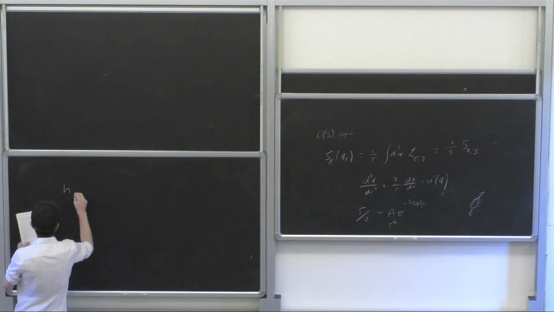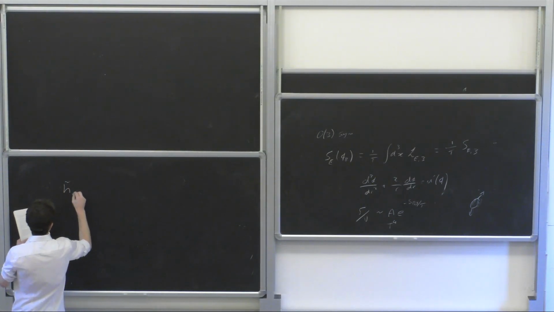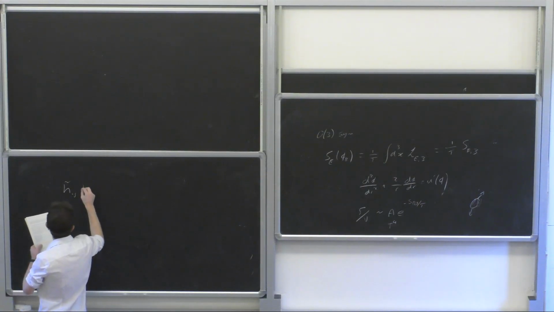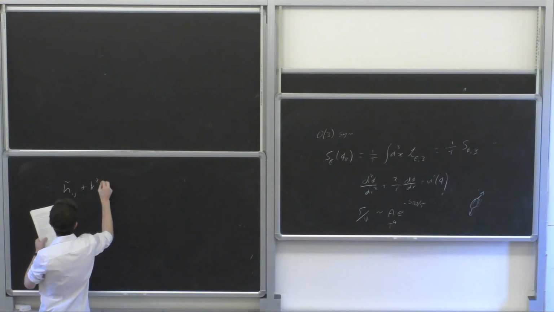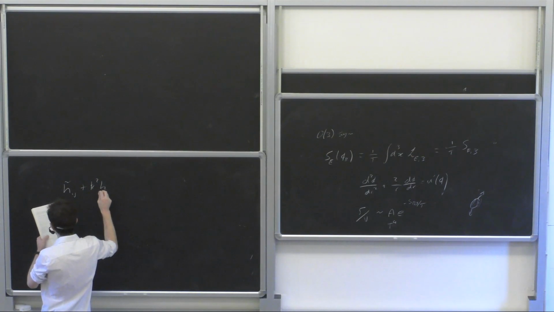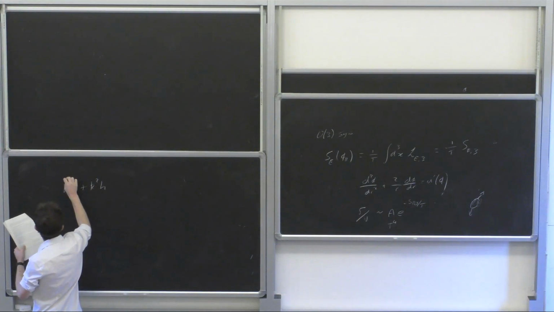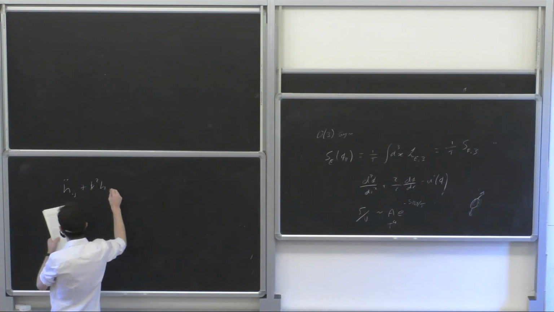Now, you've probably seen in one form or another that gravitational waves in the early universe follow an equation of motion that looks something like this. So let me call that h double dot, h_ij.